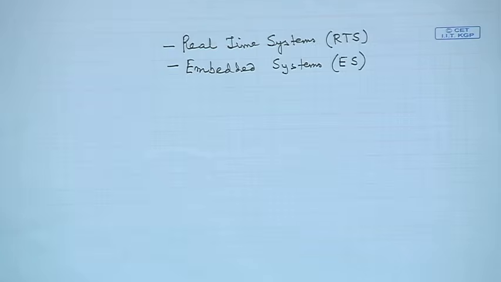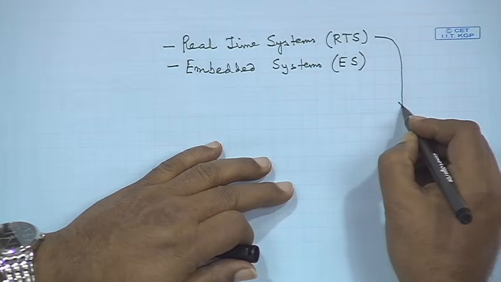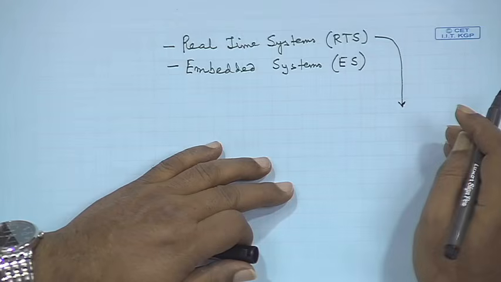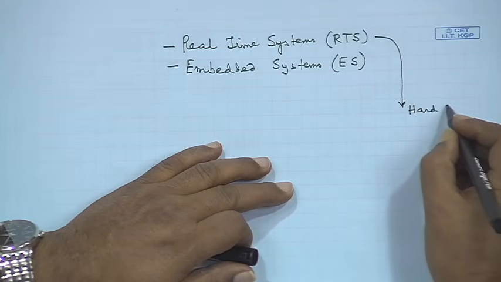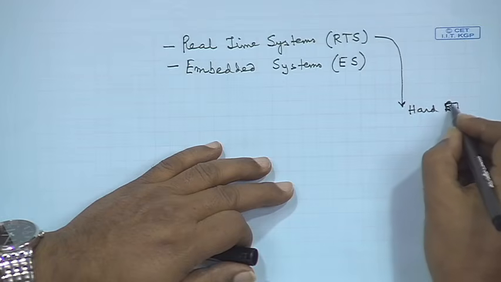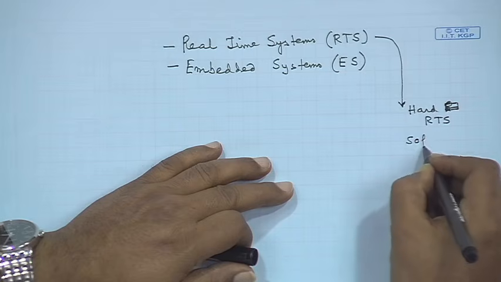What are real time systems? Real time systems can be of two types, hard real time systems and soft real time systems. Hard RTS and soft RTS.